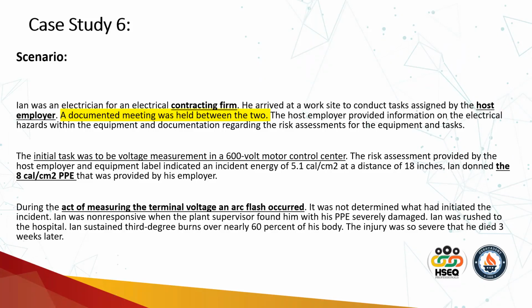An energized electrical work permit is not a mandatory requirement when we are performing this voltage measuring or inspection task, which we will see shortly. That falls under the exemptions category of energized electrical work permit. But if the employer wants to carry out this thing, it's up to them.